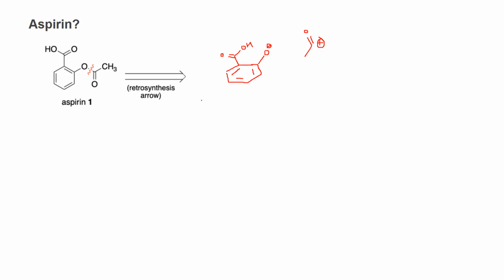Now these are the synthons. We want to know what the synthetic equivalents of such compounds are. So if you go this way, what will be the synthetic equivalent? This can be OH and this can be CO2H.